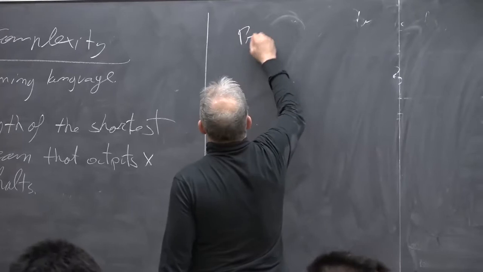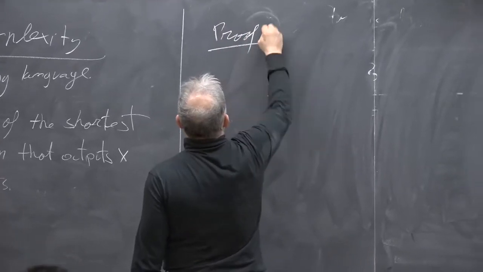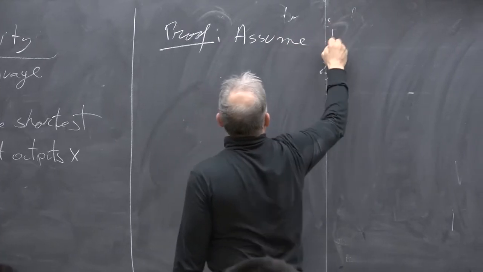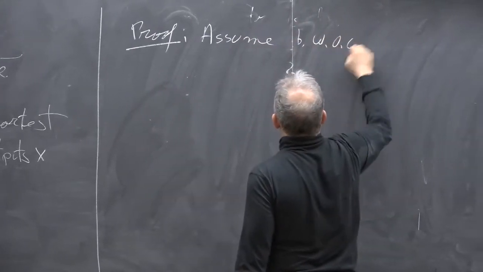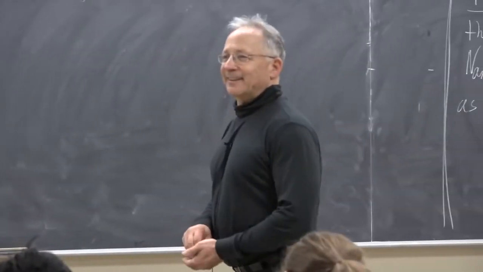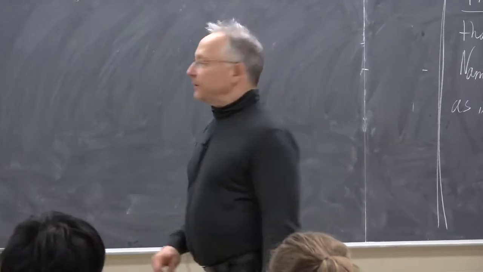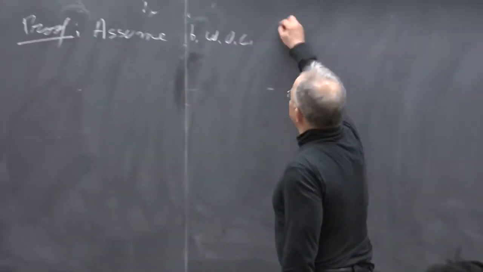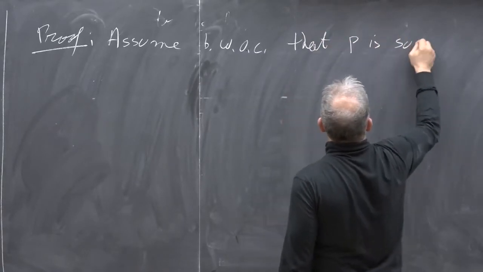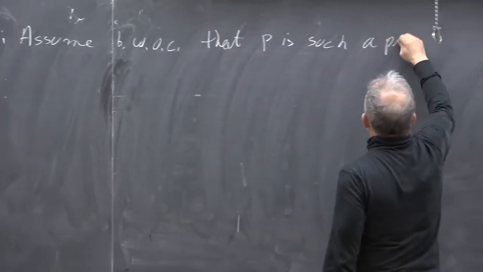So here is a proof. Assume by way of contradiction, so this is a proof which is not by generalized induction, that P is such a program.